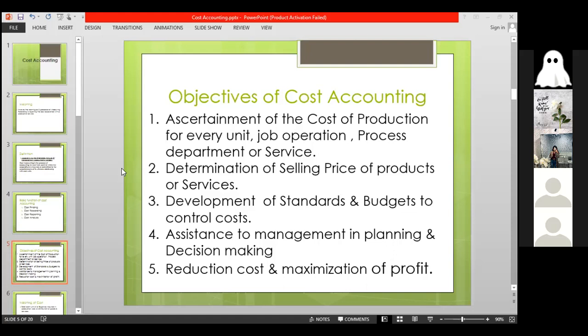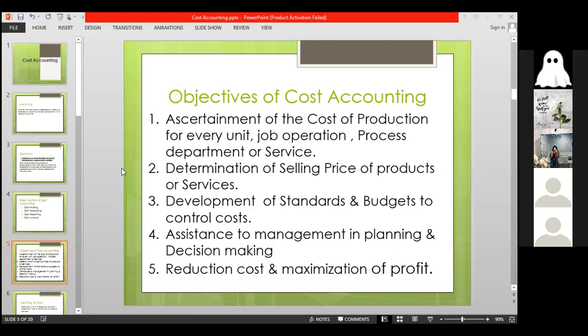So what happens is in the market, if you can compete with the prices competitors are selling for, then your price is correct. Whereas if you can't sell, then the price is incorrect. That makes determination of selling price difficult, because you have to take the price offered by the market and then produce your product at a lower price than that in order to make a profit.